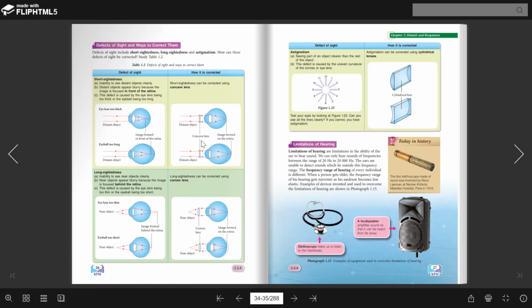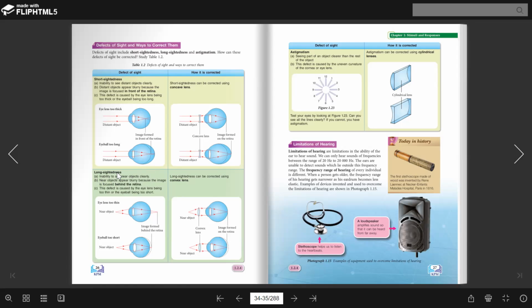When you wear a concave lens, the light will land on the retina, so the image is formed on the retina. The retina has photoreceptors, so they can send the nerve impulse to the brain for interpretation. That's the reason why you can see objects from a distance.